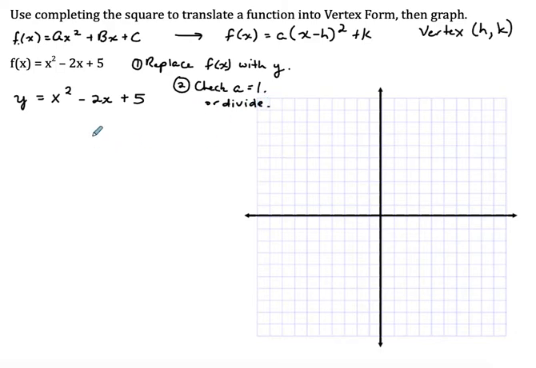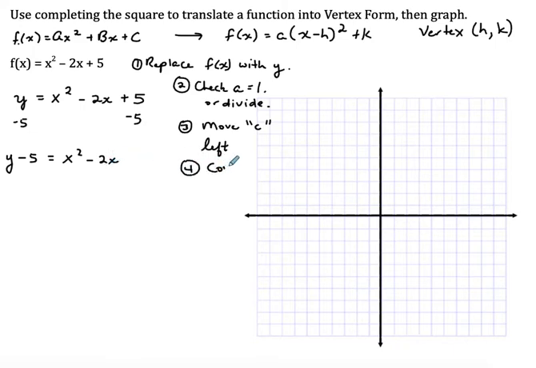Here it is 1, so I go on to step 3, which is to move the current c value, the not so compatible c, over to the left-hand side. When I do that, it lives together with this y. So now I have y minus 5 is equal to x squared minus 2x.